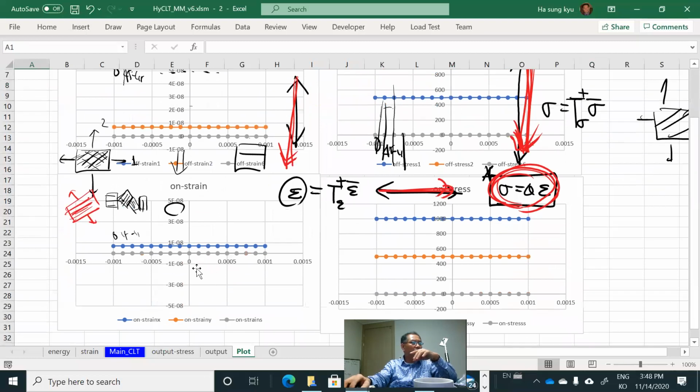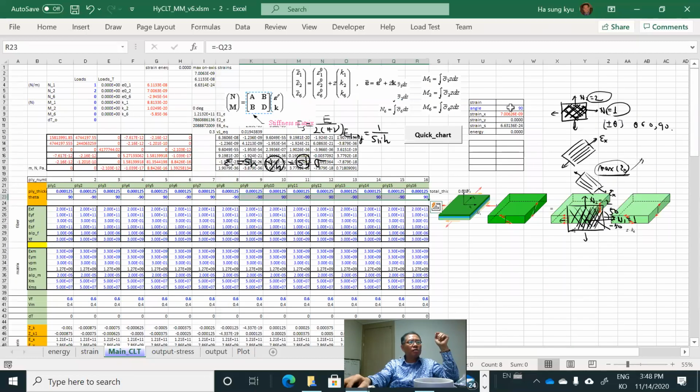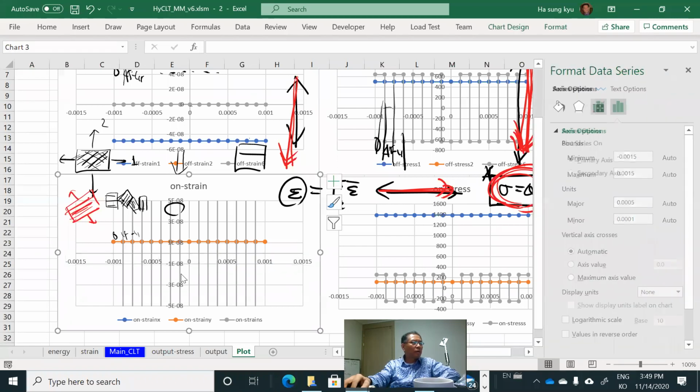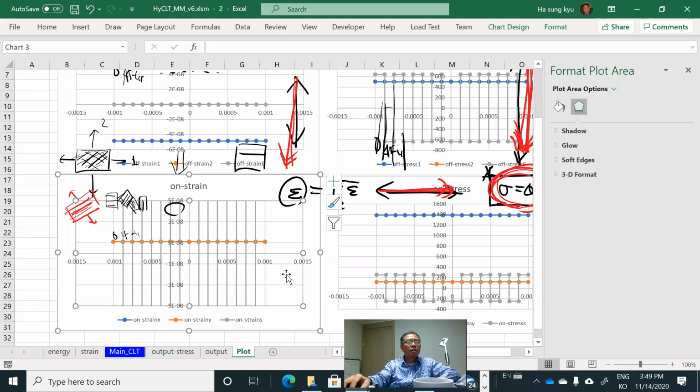On-X strain. As you can see, at 45 degrees, let's take a look at the strain. How much is this? 1.11, 1.11.